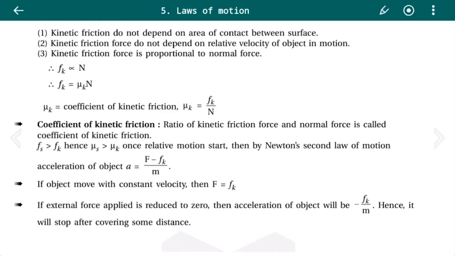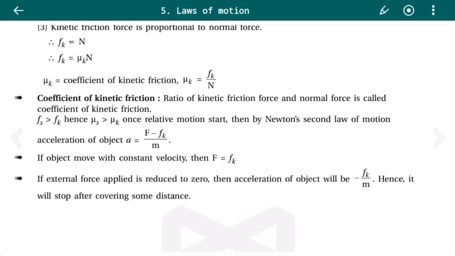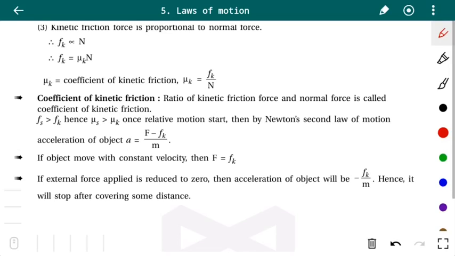Once relative motion starts, then by Newton's second law of motion, the acceleration of the object is a equals to F minus Fk upon m. We can write this by using the general equation F equals ma.